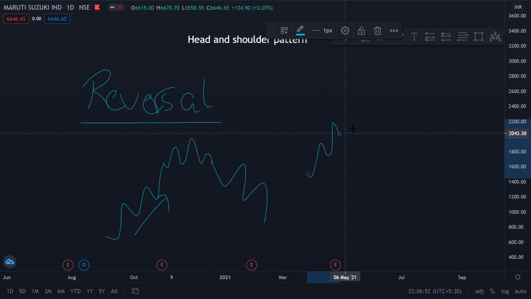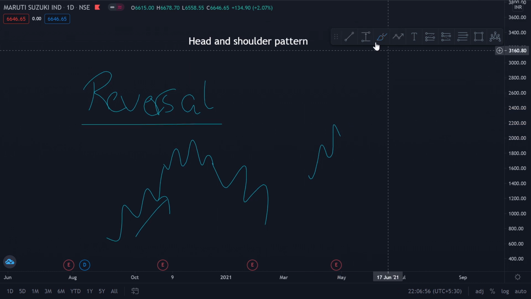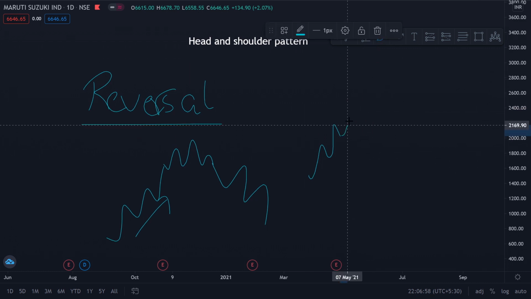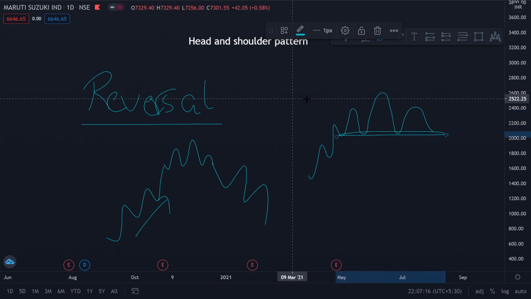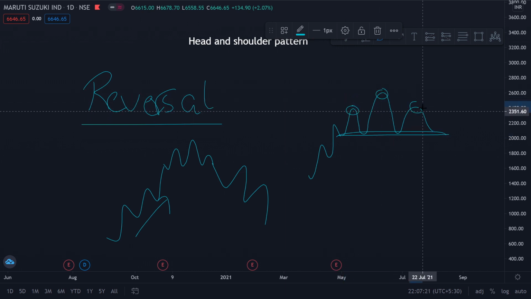What happens in a head and shoulders is, when the price is moving in an uptrend initially, it forms a pattern which looks similar to this. Price moves up to a higher high and then comes back to the same level, forms an even higher high compared to the previous one, comes back to the same level again, and forms a lower high. So it takes support around these same levels, but the highs which are forming are in the shape of a head and shoulders.